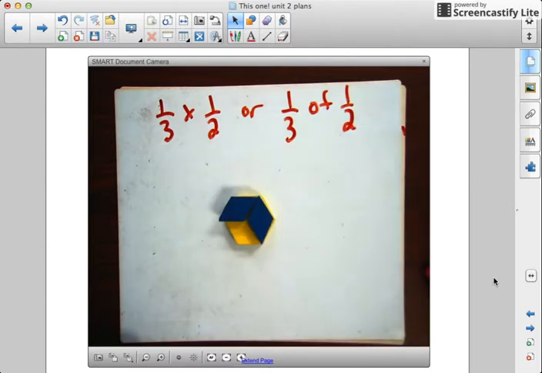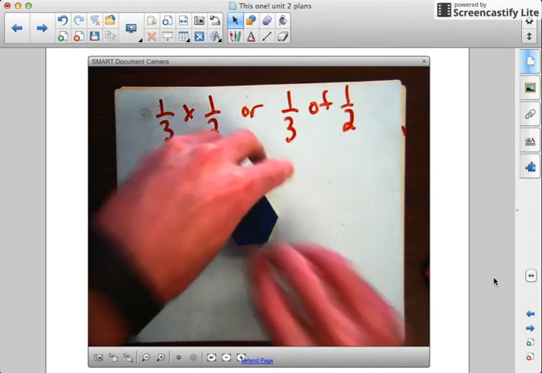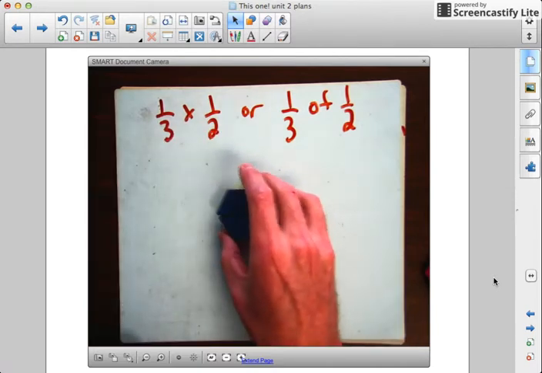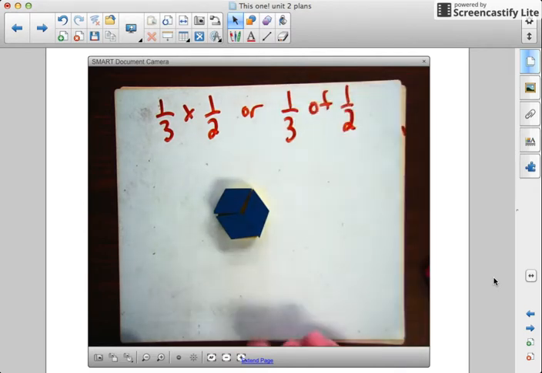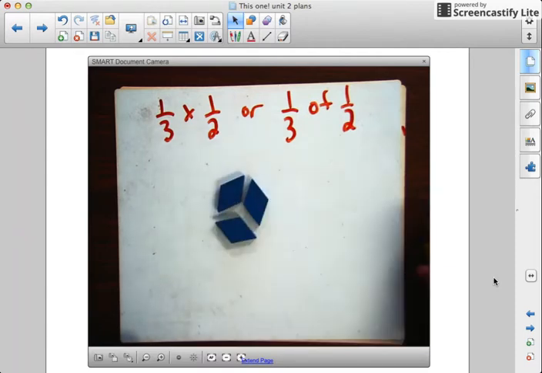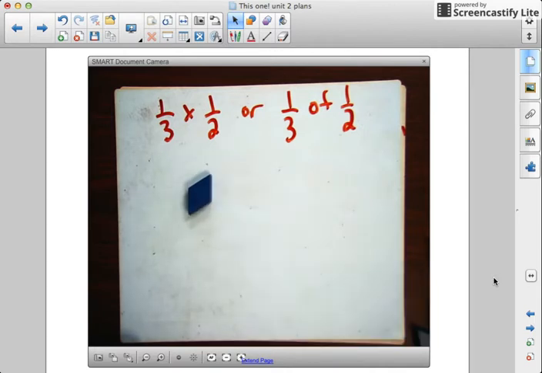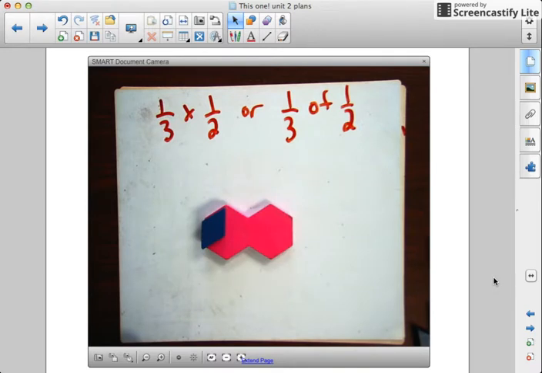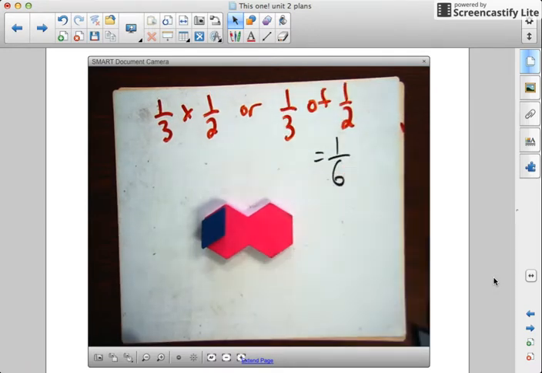Well, sixths are what put it into 3. So now I have my 1/2. I want 1 out of 3 of the groups of what I have right here. Well, 1 out of the 3 would be one of these. These two are gone. So I just have to compare what I have left to the whole, which again is 1/6 of the whole.